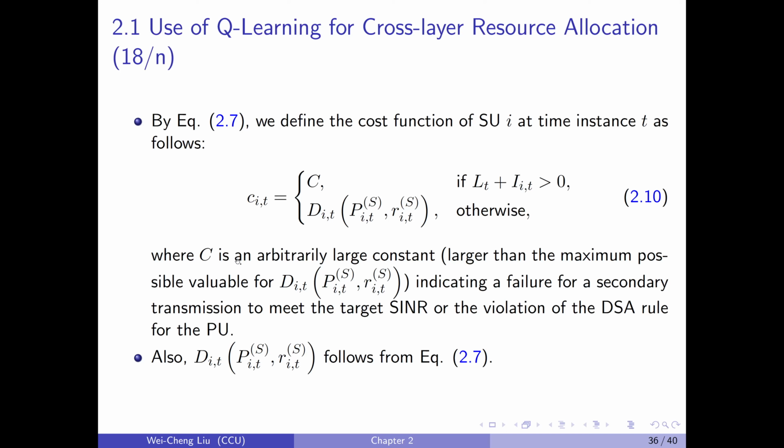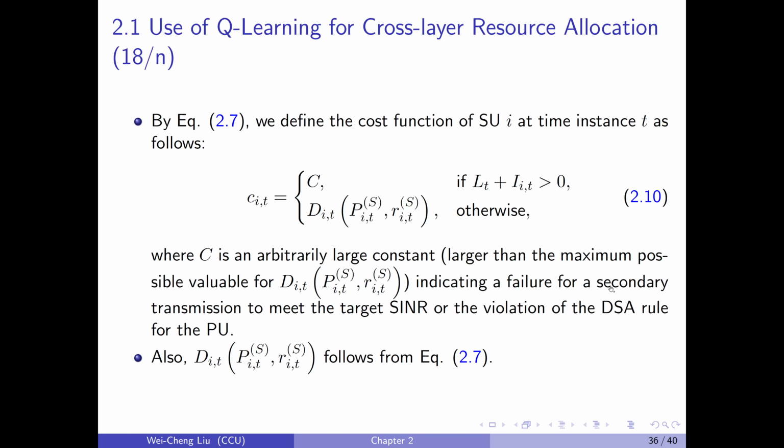Where capital C is an arbitrarily large constant, larger than the maximum possible value for D_i^t of P_i^ts, R_i^ts, indicating a failure for a secondary transmission to meet the target SINR, or the violation of the dynamic spectrum access rule for the primary user.